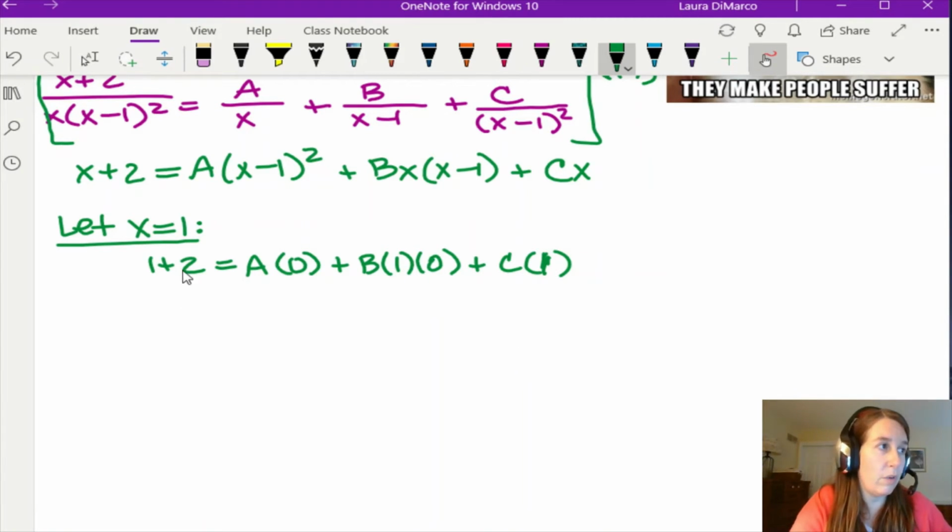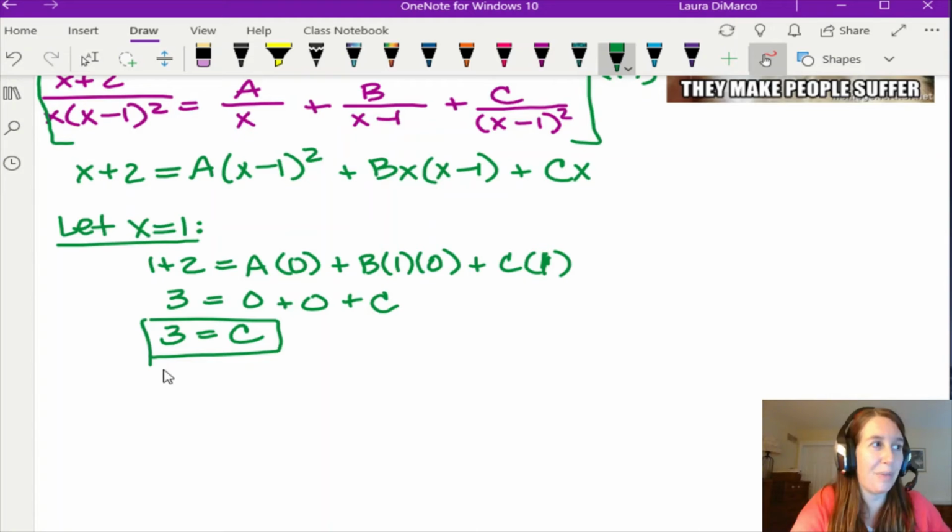So in other words, the left side is 3, a times 0 is 0, b times 1 times 0 is 0, and then plus c times 1, so just c. So do you see? We figured out that c has to equal 3.